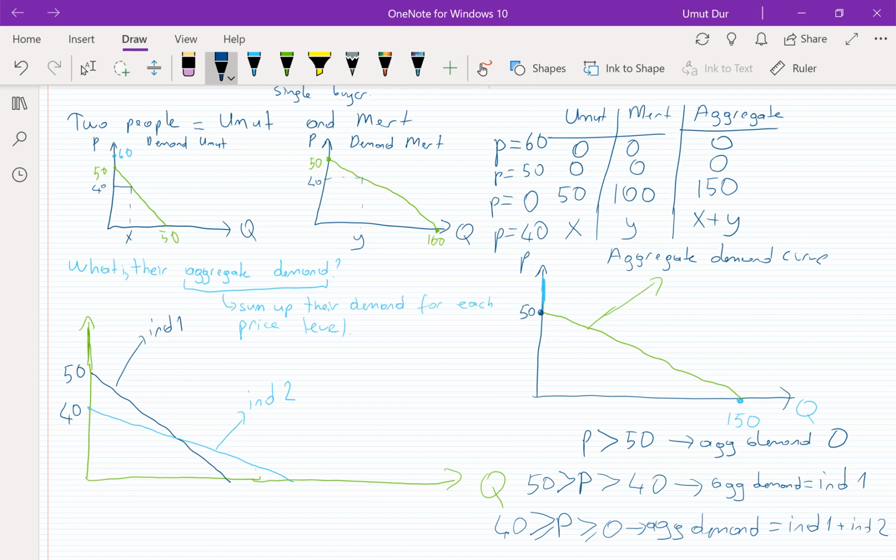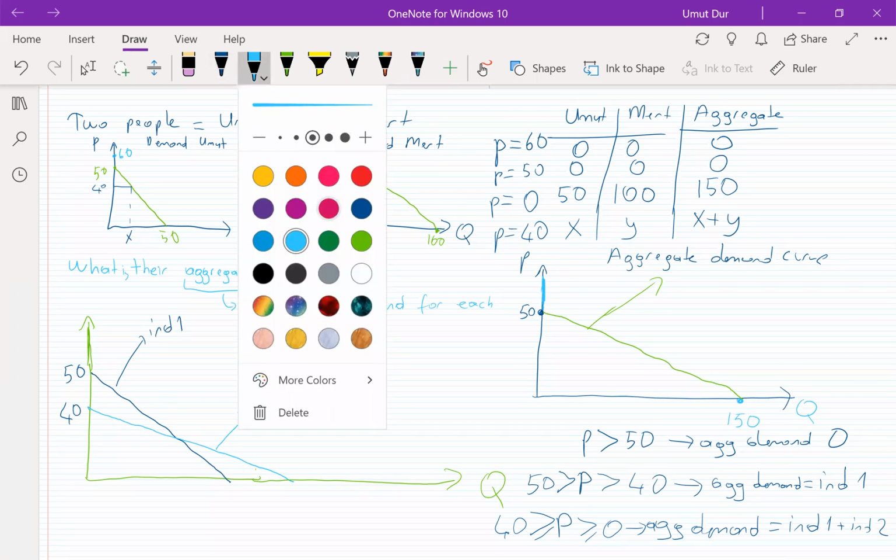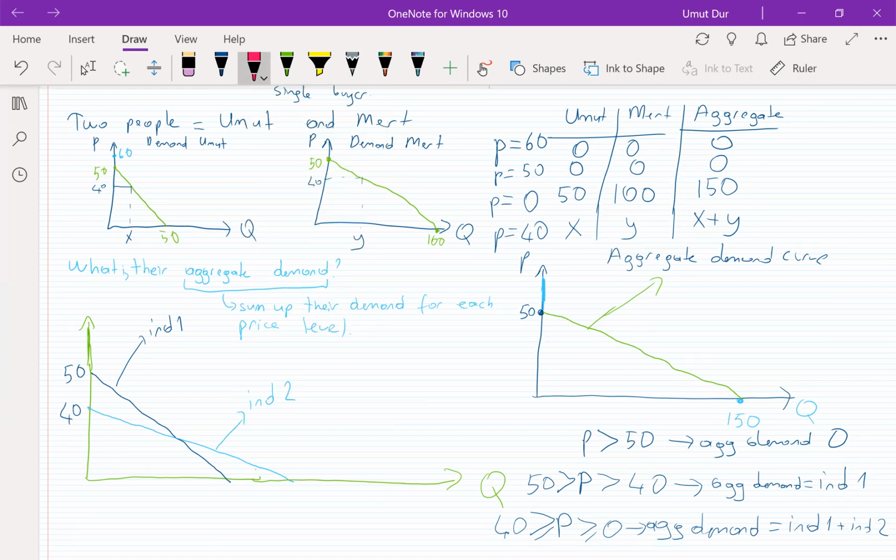If I want to draw this aggregate demand, let me use a different color here. For a price greater than 50, it will be 0.